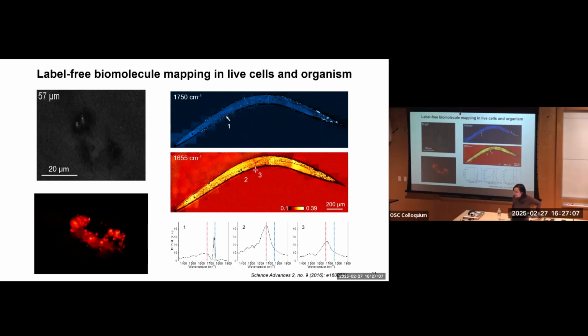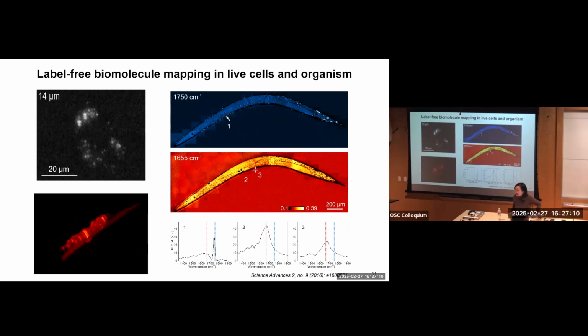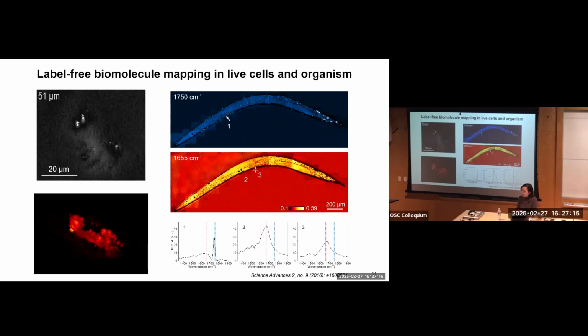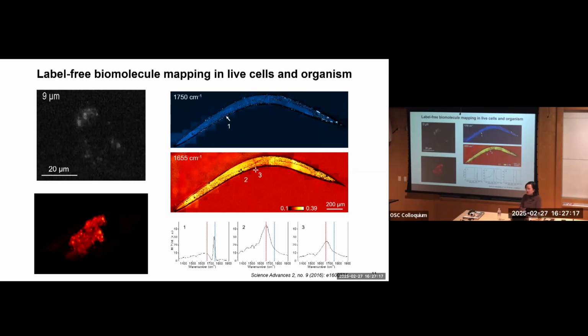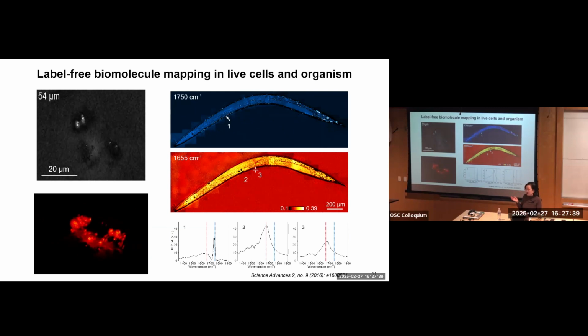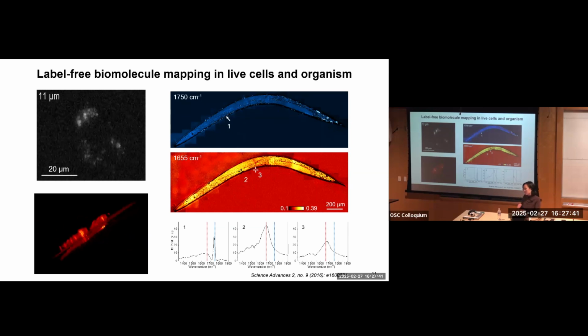What is the penetration depth of your imaging technology? Can you also comment on the impact of photon scattering? Yeah, two questions. First is the penetration depth. You have two laser beams, so it depends on both beams. It probably suffers more from the infrared light, because depending on the sample, say we study biology, the majority of the sample is water, and water is a very strong absorber in the infrared region.